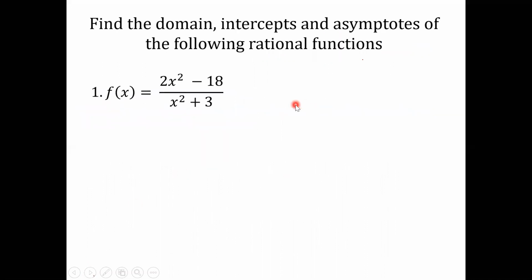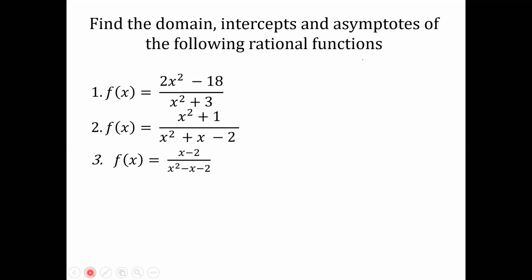So your task is to find the domain, the intercepts, and the asymptotes of the following rational functions. Number 1, f of x equals 2x squared minus 18 all over x squared plus 3. Number 2, f of x equals x squared plus 1 all over x squared plus x minus 2.